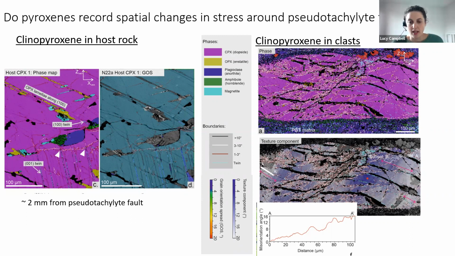And if you look at the profile, which is taken from A to A prime, what we're seeing here is quite small wavelength undulations of the crystal lattice. And we see that in several of the clasts, and it's attributable to low temperature plasticity. So that's something which is only found in the clasts, so within the pseudotachylyte vein itself.